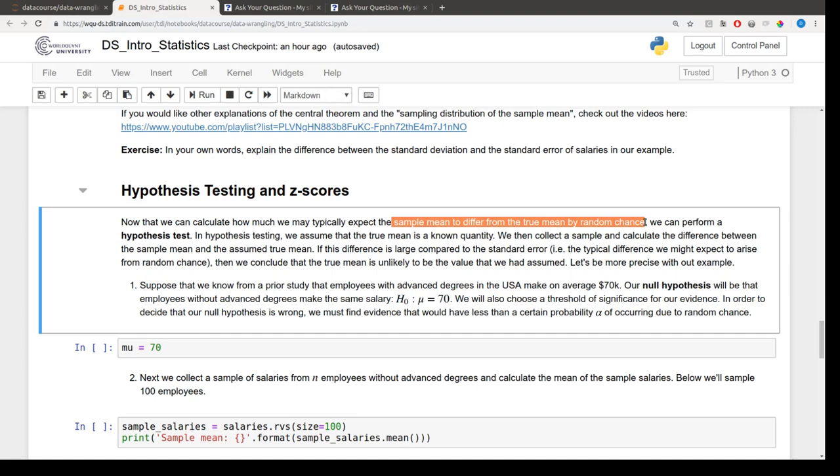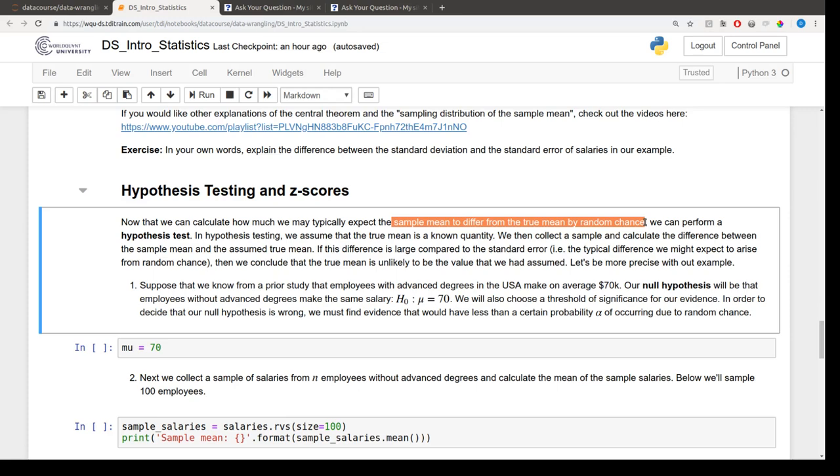I'm going to go out and collect some data. But if I find that the average is significantly different from 70,000, then I'm going to say you're wrong. And we establish how big is significantly different by comparing that difference between the average you find with your sample and the assumed truth of 70,000 to the standard error.